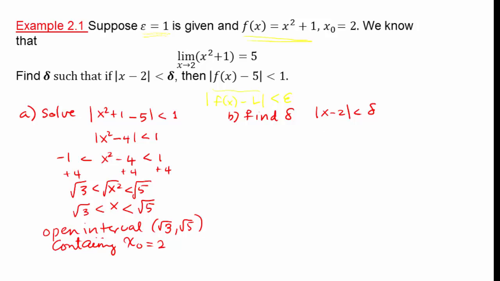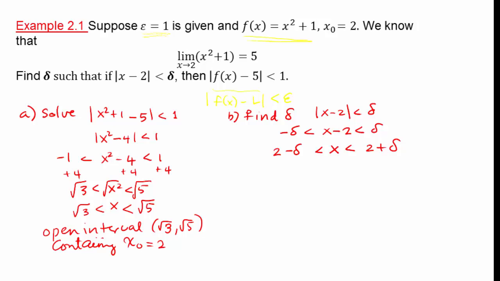If we remove the absolute value, we're saying that x minus 2 is between negative delta and delta. This is our symmetric open interval centered at 2, and if we add 2 all throughout, we get 2 minus delta, 2 plus delta. So the question is, will it match this open interval?